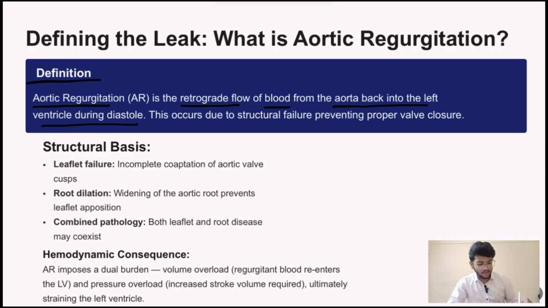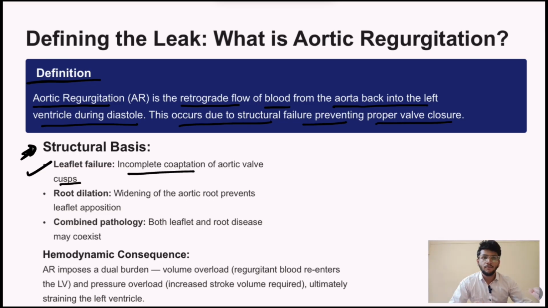This occurs due to structural failure preventing proper valve closure. The structural basis is leaflet failure, wherein incomplete coaptation of the aortic valve cusps occurs, so the aortic valve leaflets do not close completely. Root dilation is the widening of the aortic root, which prevents leaflet apposition.